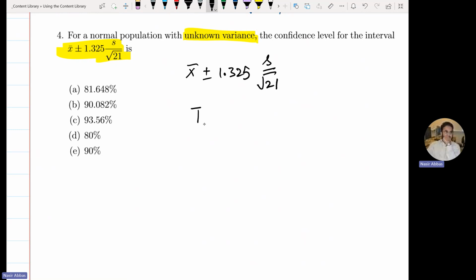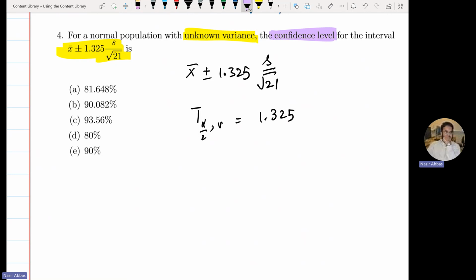This means t alpha by 2 with v degrees of freedom is 1.325. They are asking you what is the value of 1 minus alpha, not alpha. They are asking you to find the value of confidence level, not the significance level, confidence level.